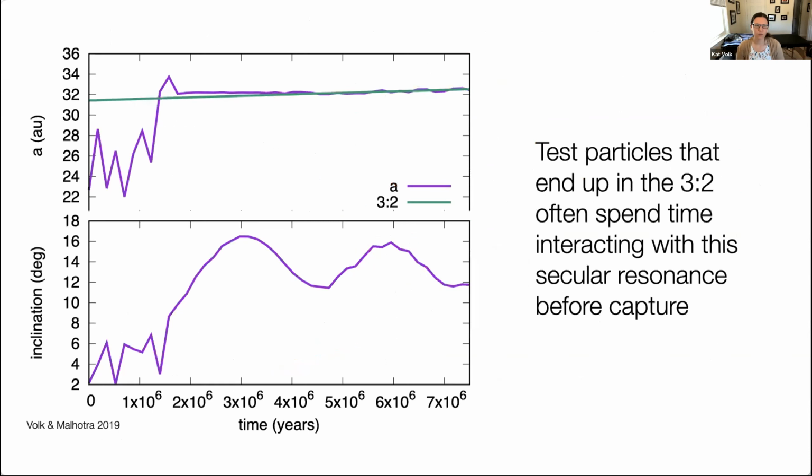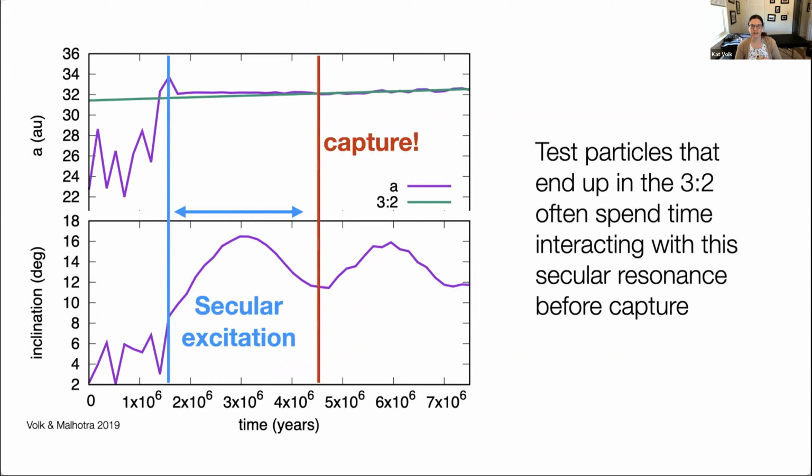And in fact, when you're looking at how things get scattered outward and then captured into the 3:2 in migration simulations, they tend to get scattered out and then interact with that secular resonance, which can cause a dramatic change in the inclination over a couple million-year timescale. And then they get picked up into the 3:2 resonance at a high orbital inclination.